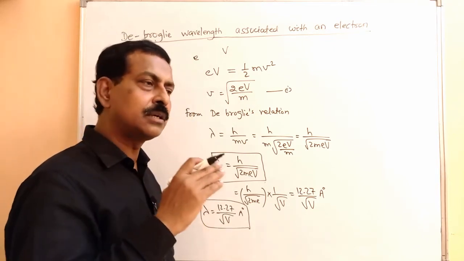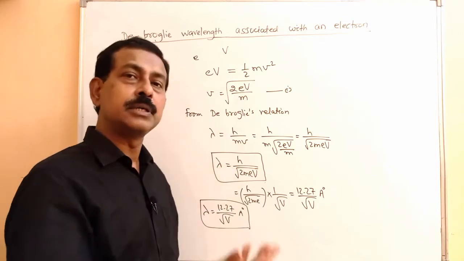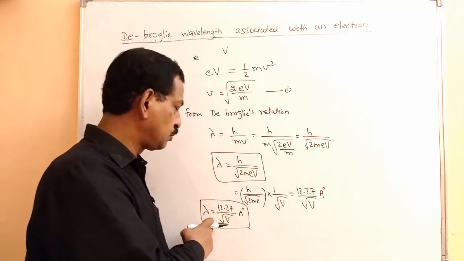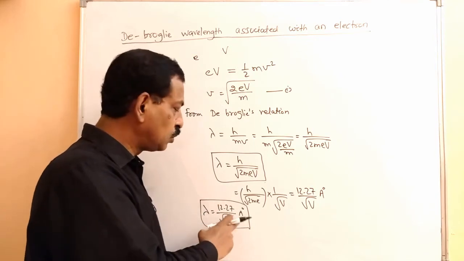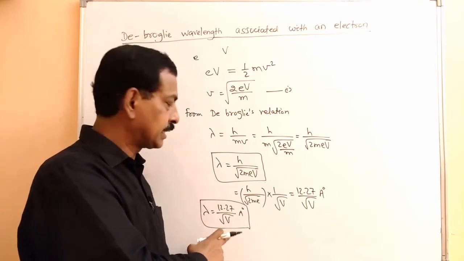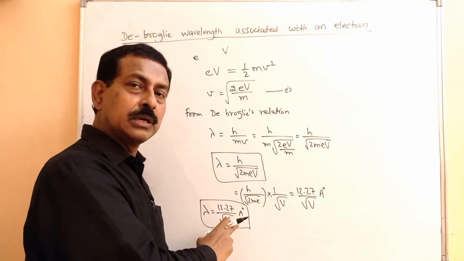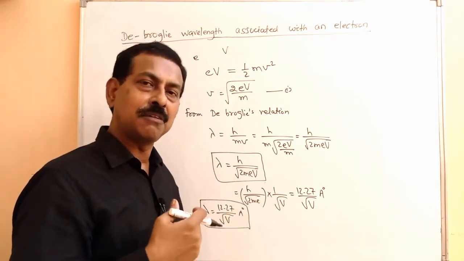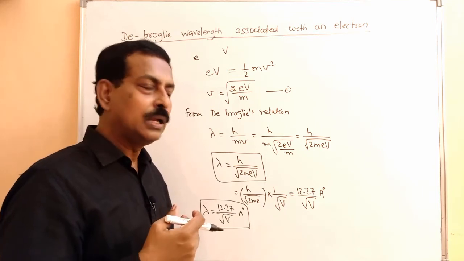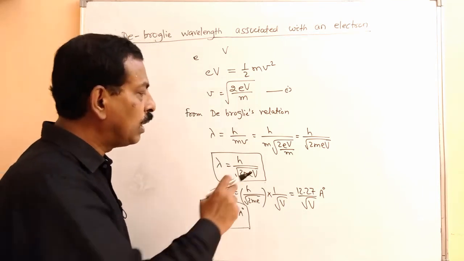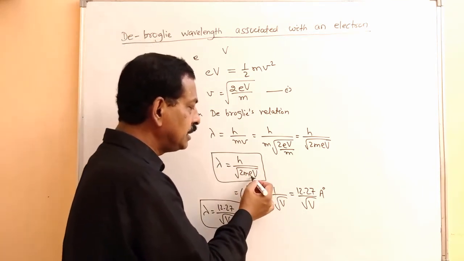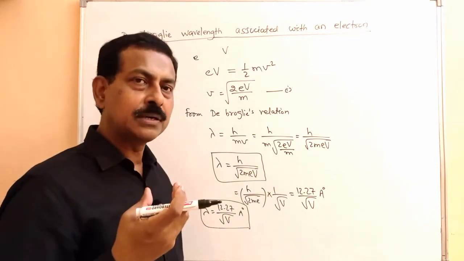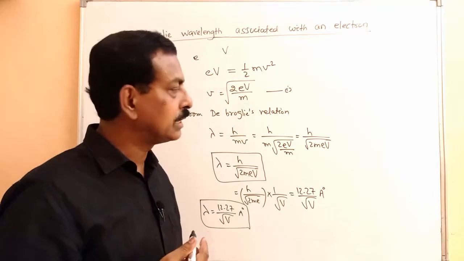Like if it is said that the potential has been increased by 4 times, how will the de Broglie wavelength change? It is 1 by root over V, so in that case it is root over 4 times, which is 2 times, so the wavelength will become half. That is how you can relate. One more thing you can notice is that this eV is the energy acquired, which will be in the form of kinetic energy.